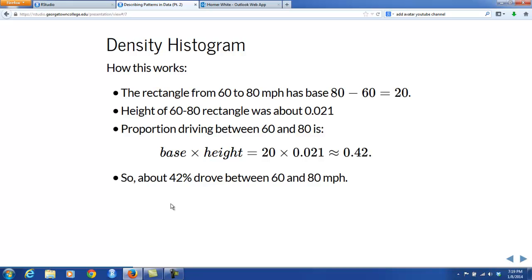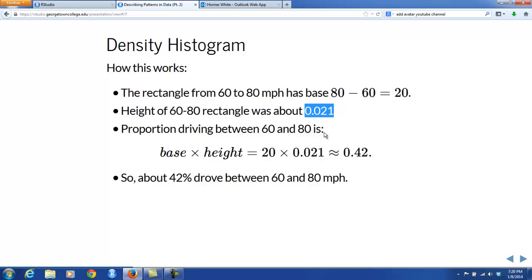Now let's take a closer look at how this type of histogram works. Remember that rectangle from 80 to 100 miles per hour that had the 30 people in it, 42% of everybody. The base went from 60 to 80, and so the width of that rectangle is 80 minus 60, or 20 miles per hour. Now, looking back at the density histogram, the height of that rectangle appears to be about 0.021.